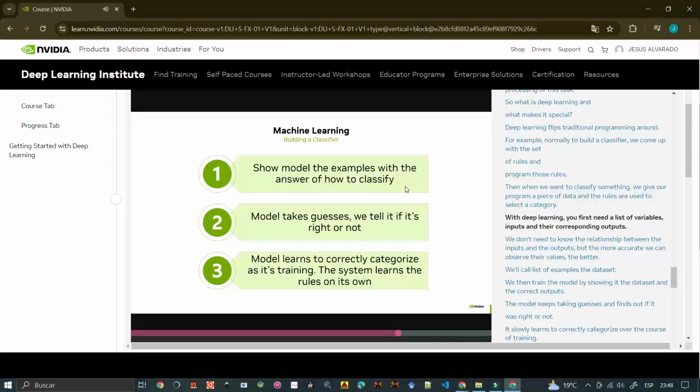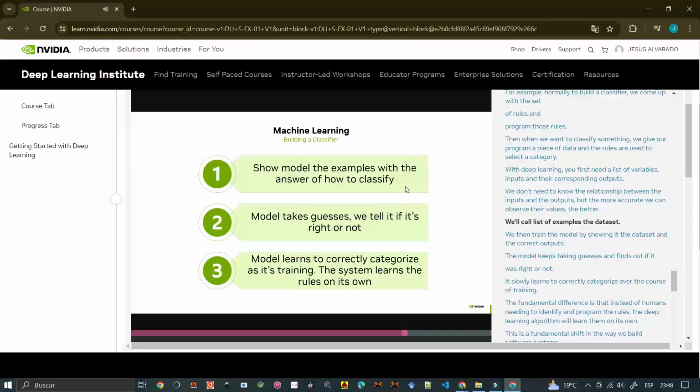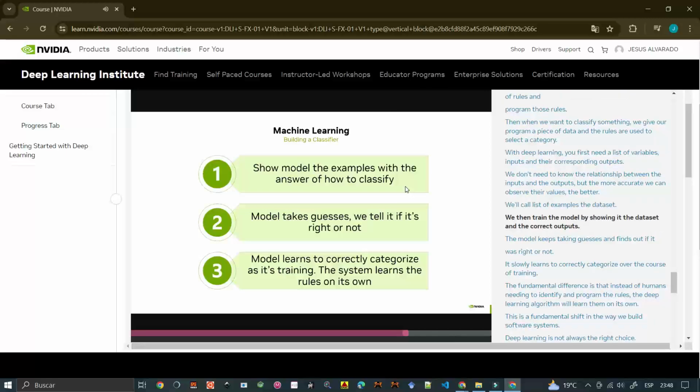With deep learning, we first need a list of variables, inputs, and their corresponding outputs. We don't need to know the relationship between the inputs and the outputs, but the more accurate we can observe their values, the better. We'll call this list of examples the dataset. We then train a model by showing it the dataset and the correct outputs.